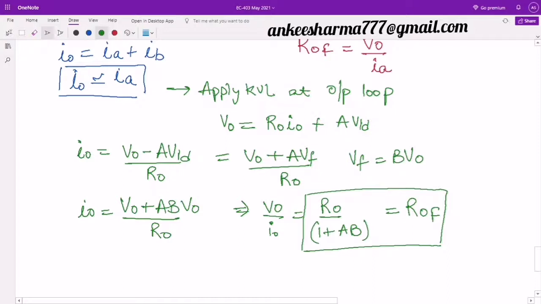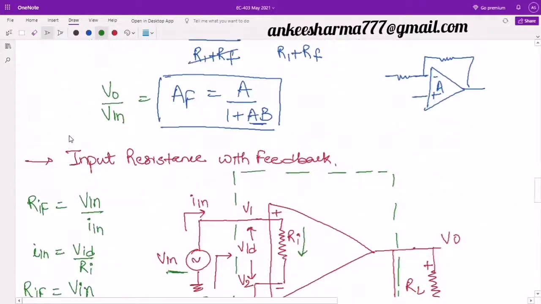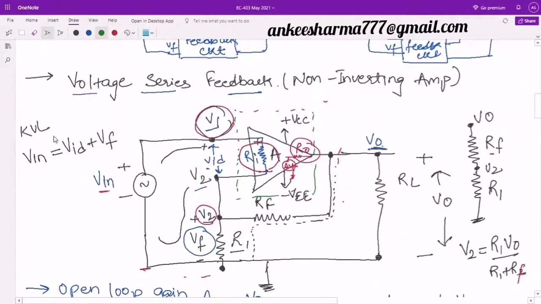Is it clear? Now one more thing we have here is the bandwidth effect with feedback. Okay, we will discuss it in the next class. So this is all about the voltage series configuration.